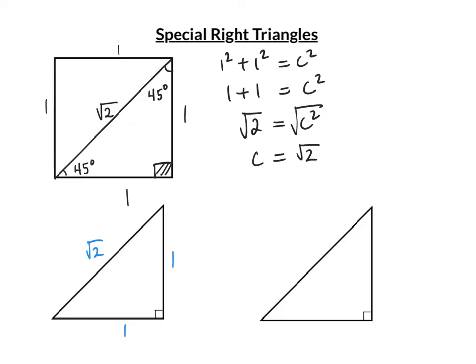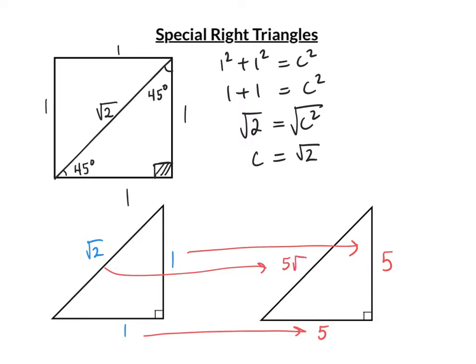For example, if this side was 5, I can see that to get from 1 to 5, I'd multiply by 5, which means this side would be 5, and the root 2 would become, on the hypotenuse, 5 root 2. So instead of 1, 1 and root 2, we'd have 5, 5 and 5 root 2.